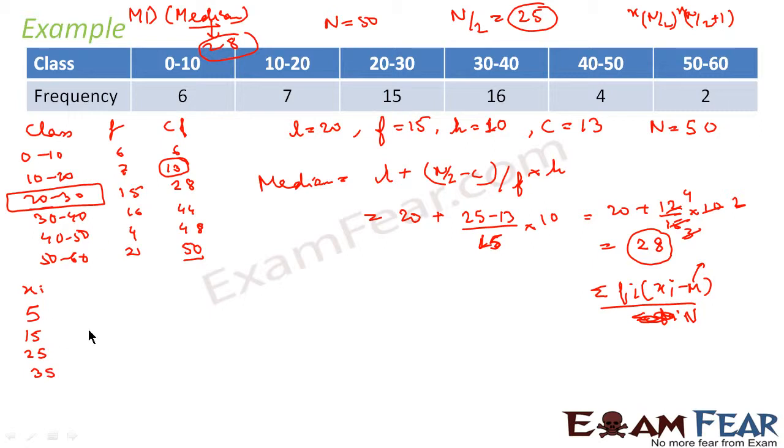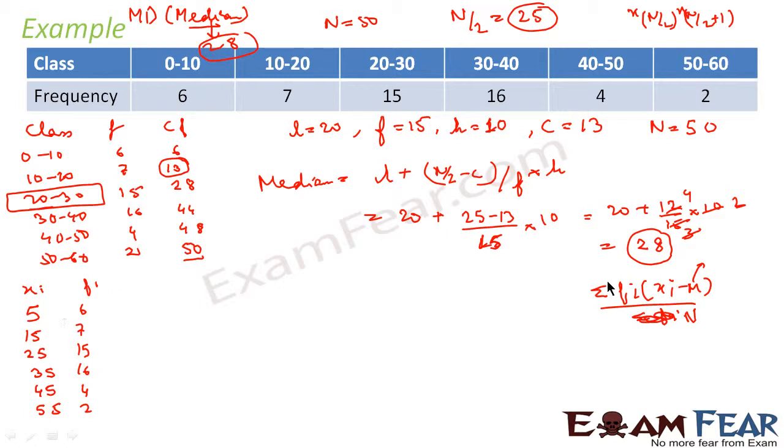Then 40 plus 50 by 2, 45. And 50 plus 60 by 2, 55. This is xi, correct? Let's write fi also: 6, 7, 15, 16, 4 and 2.